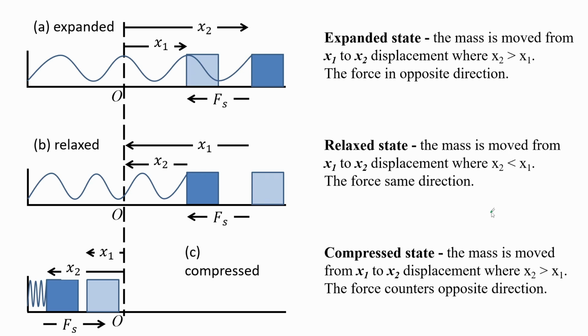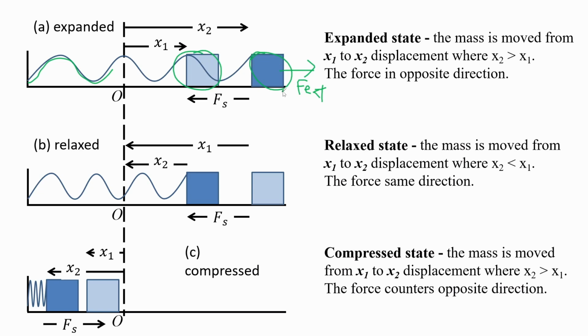So here we have a spring, indicated by this blue line here. The first state is the expanded state. So when you stretch it, the mass is moved from x1, from this state to this one. So you have a force exerted here. The spring force is trying to pull the mass backwards.